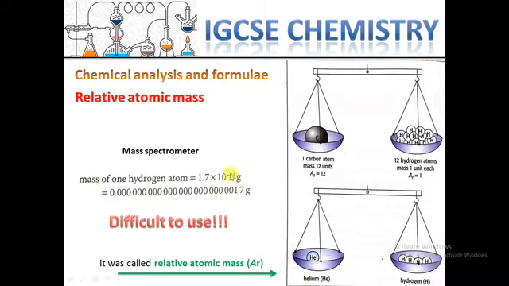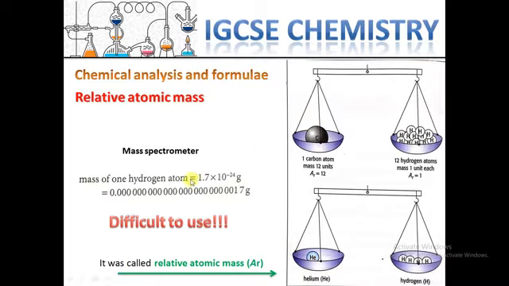The unit was gram, but actually this number is very difficult to use. We cannot use this number for multiplication with others and comparison with others. You cannot use it in scientific equations.